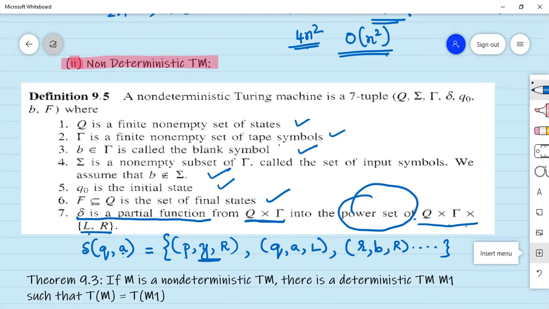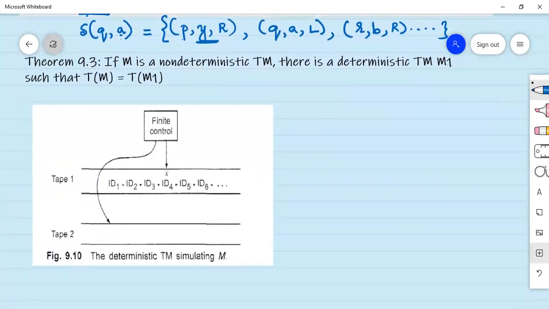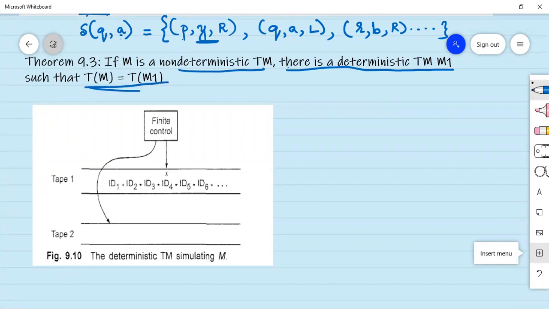Now regarding the non-deterministic Turing machine, you have a few theorems in the textbook. One important theorem is: if M is a non-deterministic Turing machine, then there is definitely a deterministic Turing machine M1, meaning equivalence. For every non-deterministic Turing machine, there is an equivalent deterministic Turing machine.